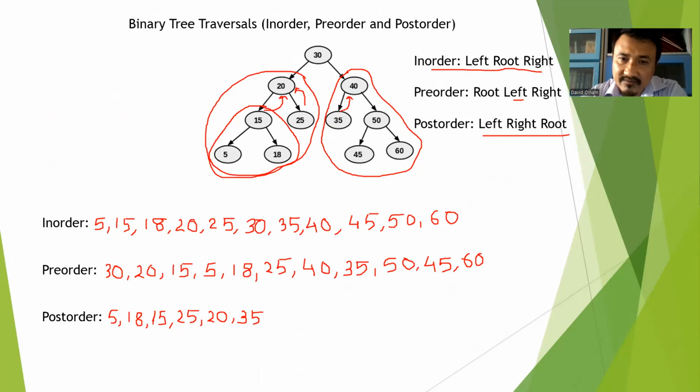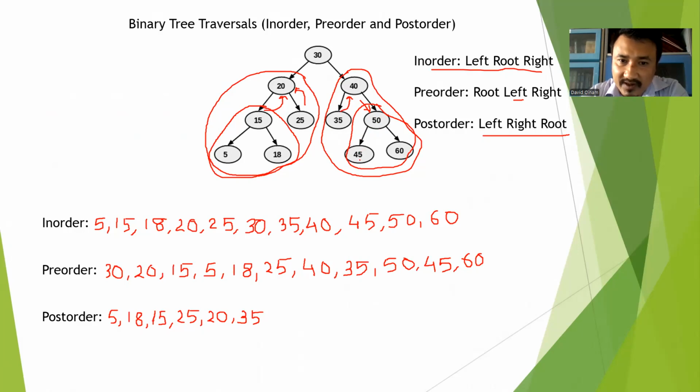So from here, you write the right side next. Here you find another subtree, where 50 is the root node. For this subtree, you have to follow the same formula: left, right, and then root. So for this 50, left is the 45.